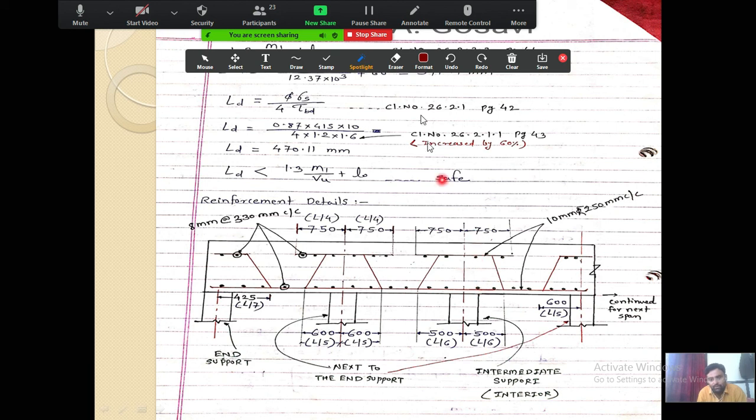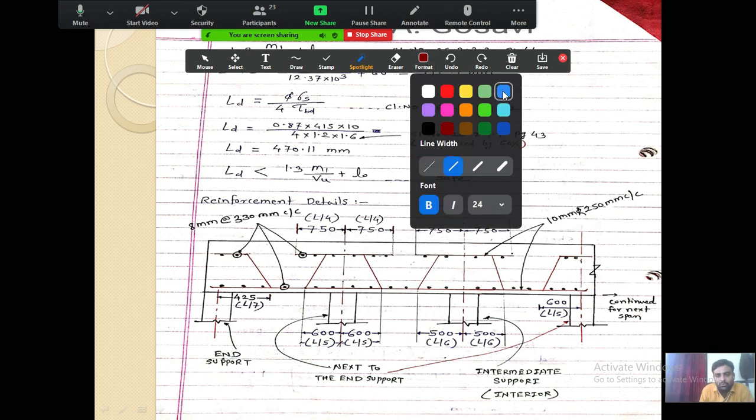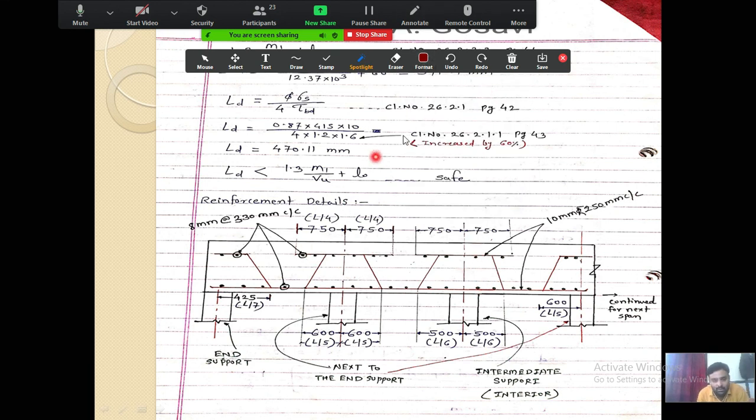I will show you the bar. This bar will start at this point like this, then it will bend here, and it will move further, some distance after the center.